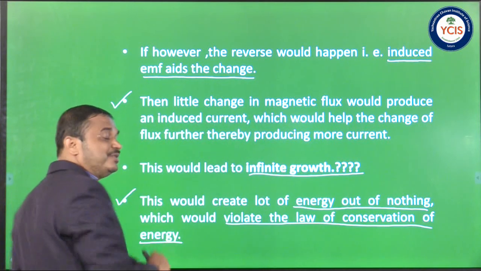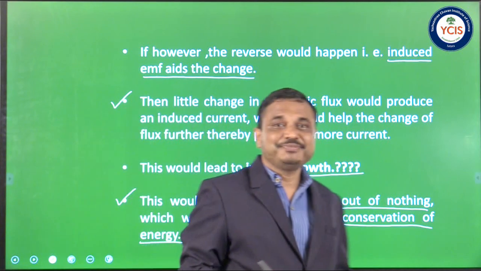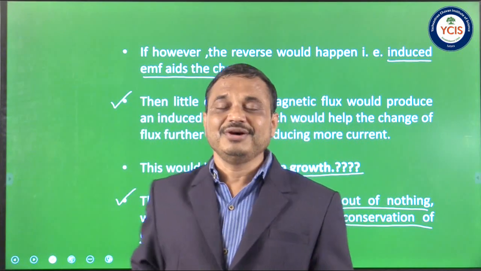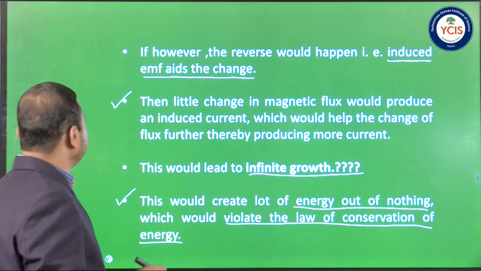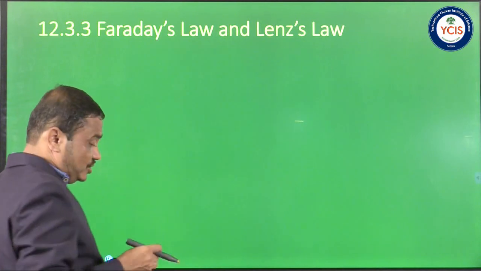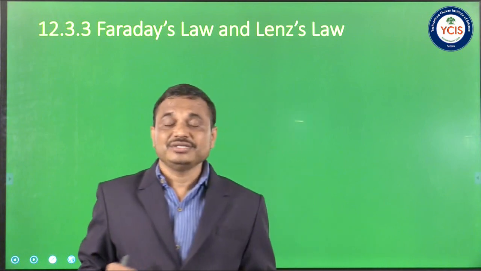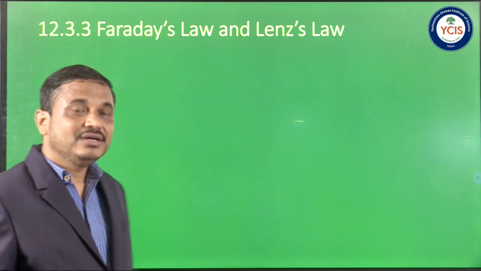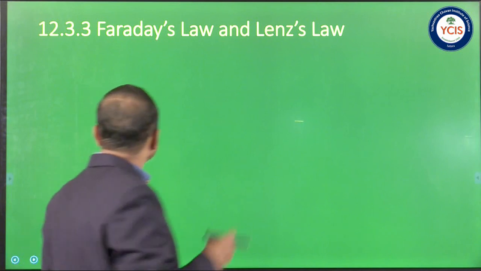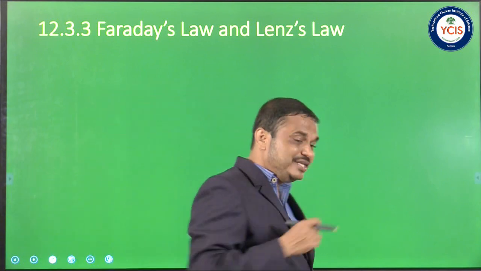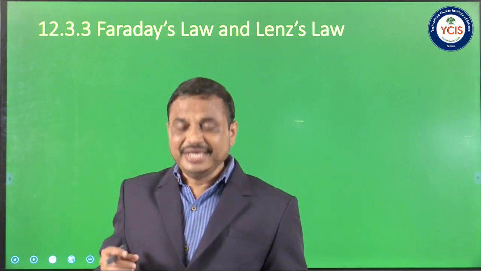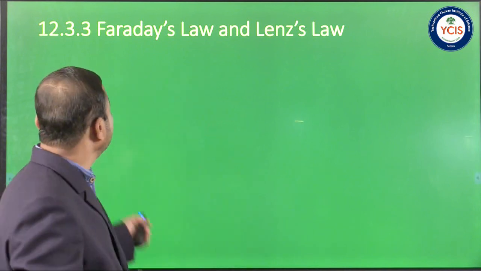So we cannot produce energy without the expenditure of some other form of energy. So we see that Lenz's law is a consequence of the law of conservation of energy. And we see that Lenz's law incorporates with Faraday's law.